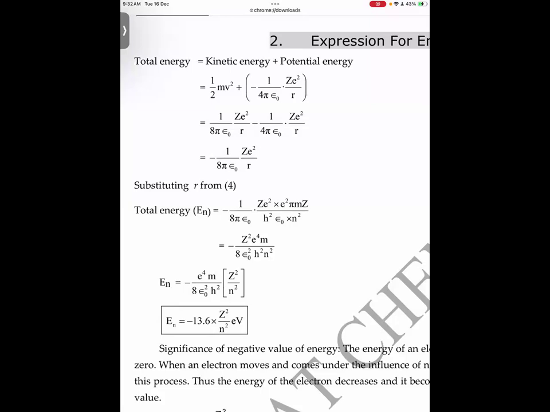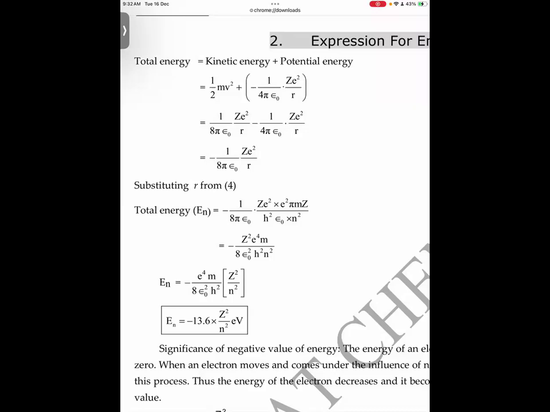The other things are constants; the variables are z, the atomic number, and n, the shell number. Rearranging, it is minus e to the power 4 m divided by 8 epsilon square h square into z square upon n square. Everything except z square by n square is constant. By putting the standard values, it is minus 13.6 into z square upon n square eV, electron volt.